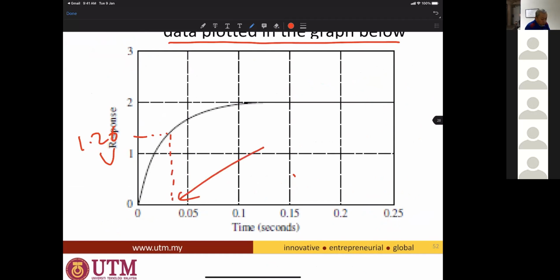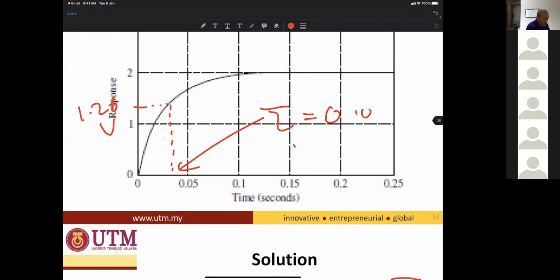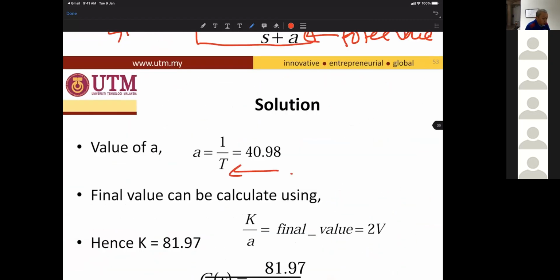So the time constant is about 0.0244, or 24.4 millisecond. We insert the value 24.4 millisecond inside the T, then we will get 40.98, which is the value of the pole.